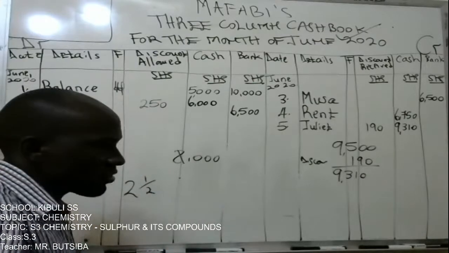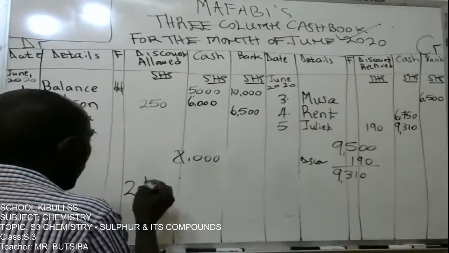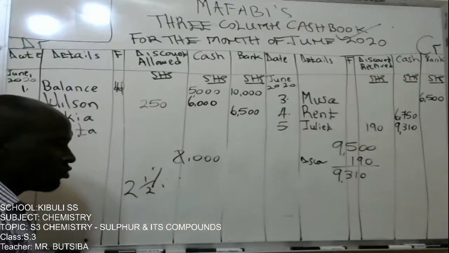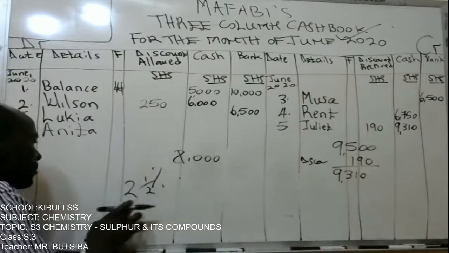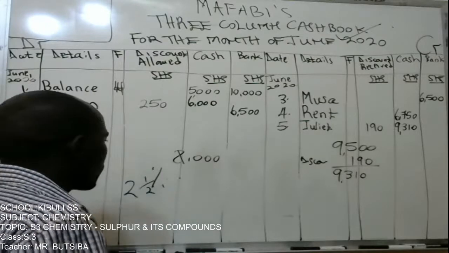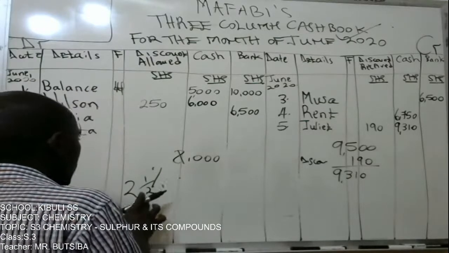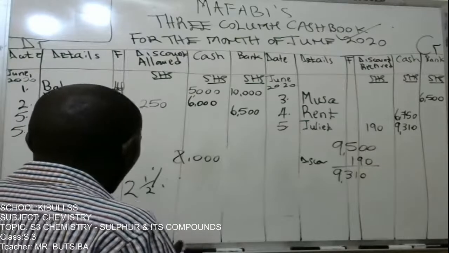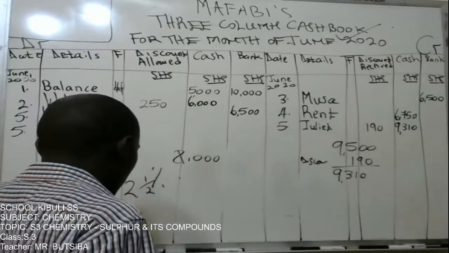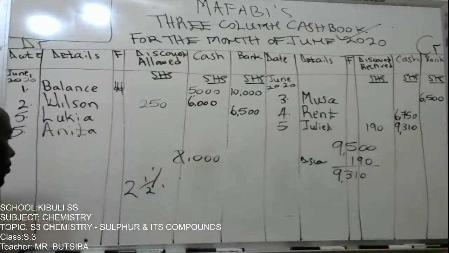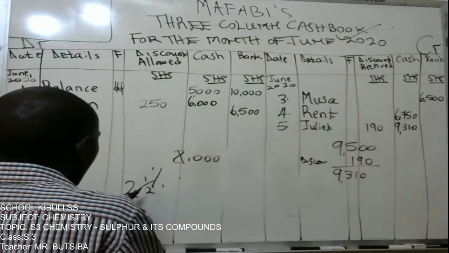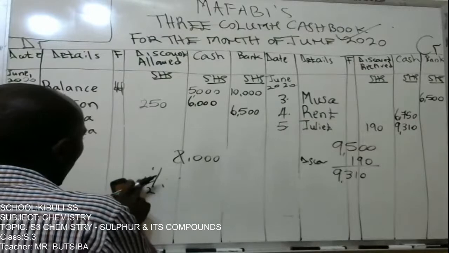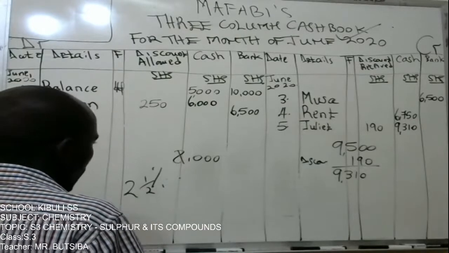But then Anita was allowed a discount. You gave Anita a discount of 2.5%. Usually we get a challenge when you're calculating such transactions. 2.5, a third percent. So you simply get your calculator, then you place everything there. You simply get 2 times 2, that is 4, plus 1, that becomes 5.